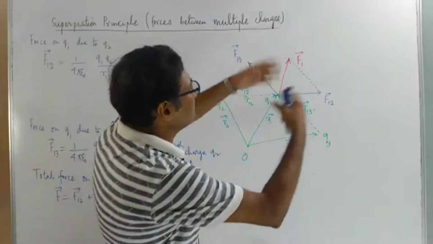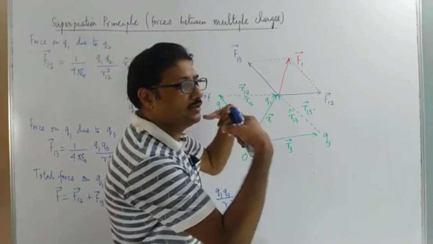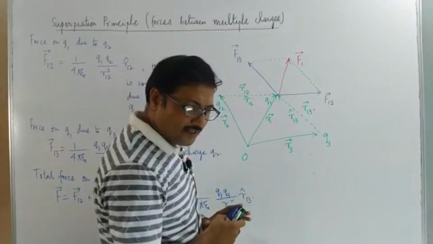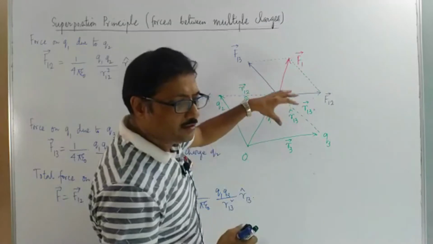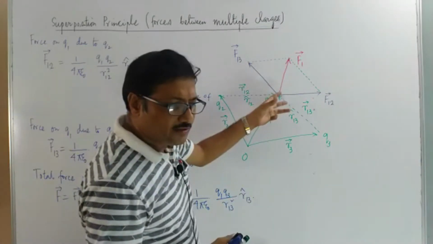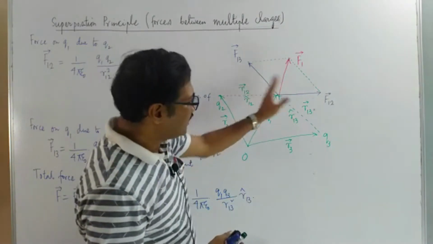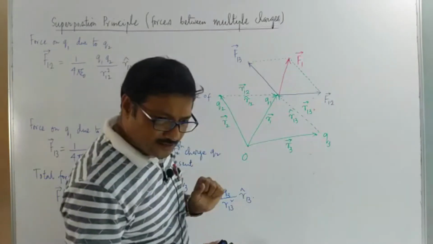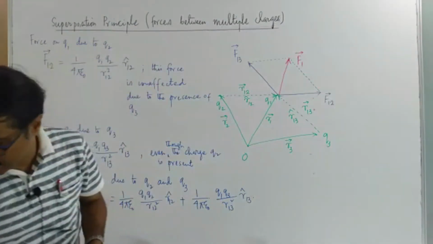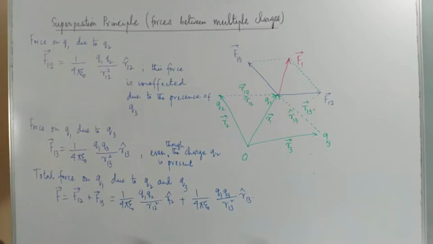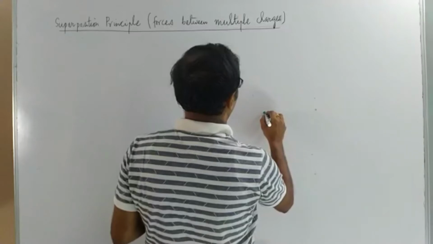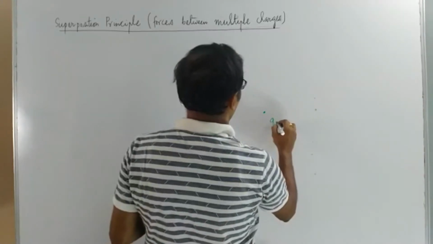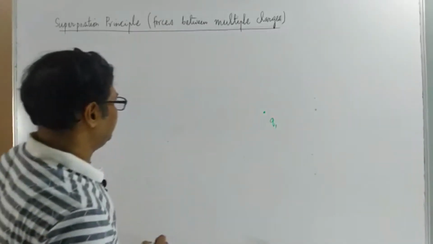Now we can extend this theory for many charges, more than two charges, or a system of more than three charges. So let us see how we can extend this theory. You have the Q1 charge.